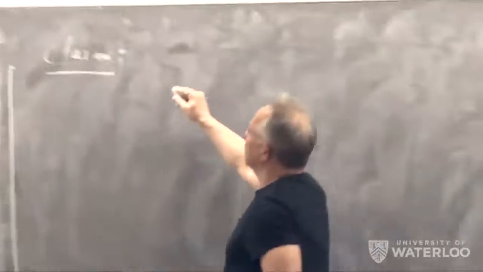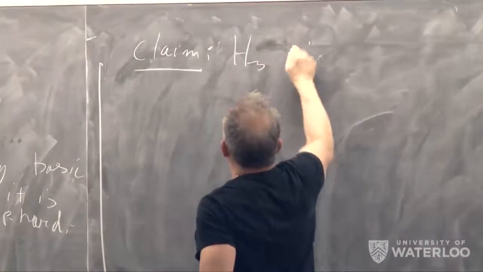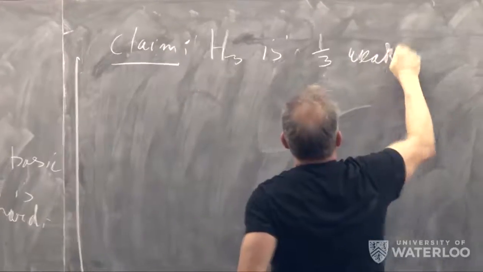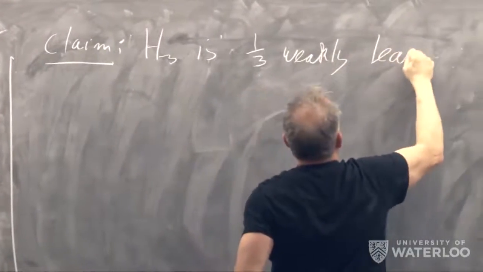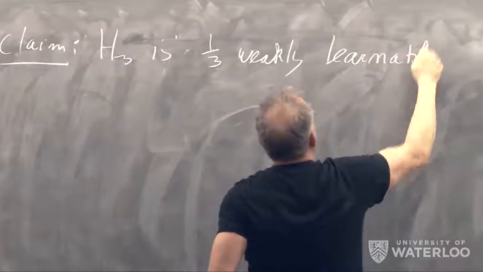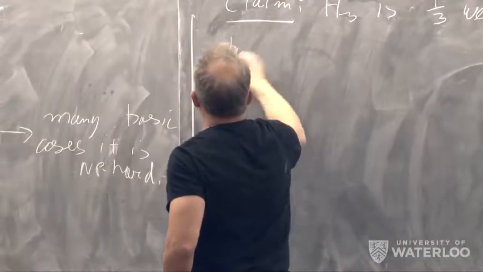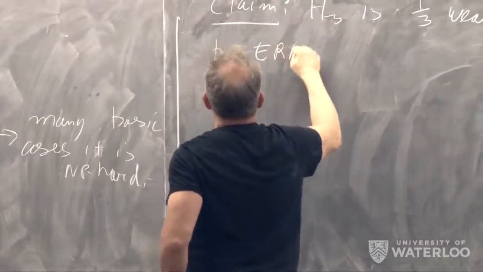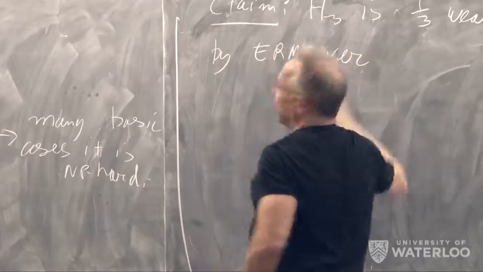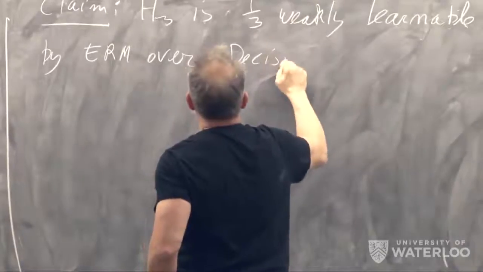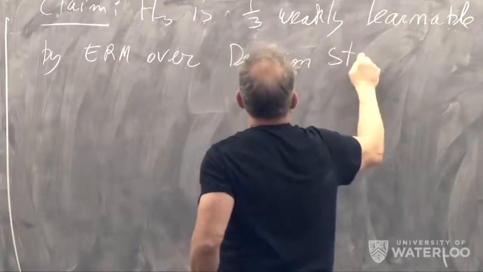H3 is weakly learnable by a very simple algorithm, by ERM over a very simple class which is called decision stumps.